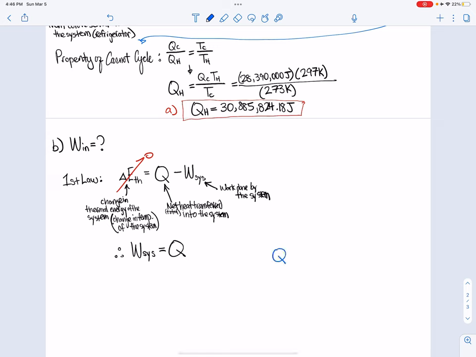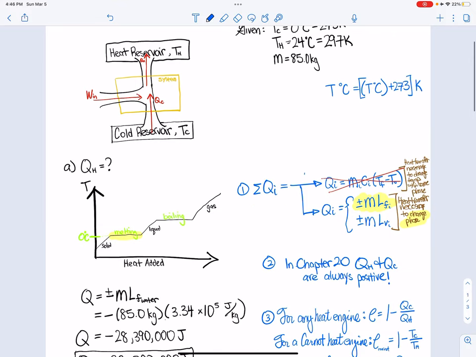So Q, which is the total heat transferred into the system, is equal, according to our energy transfer diagram, to positive QC because it enters the system from the cold reservoir, minus QH because it leaves the system and enters the heat reservoir.